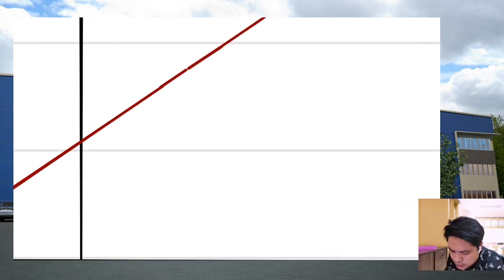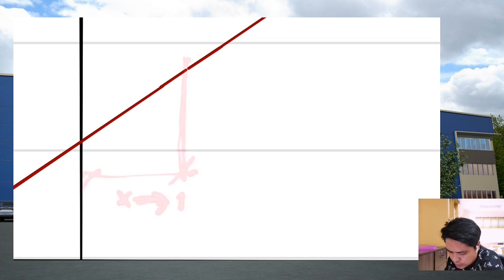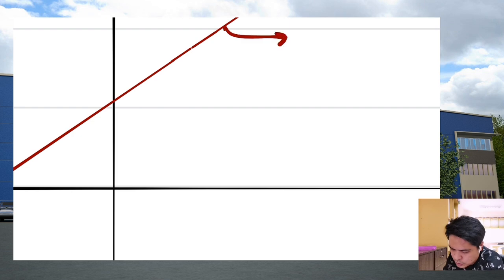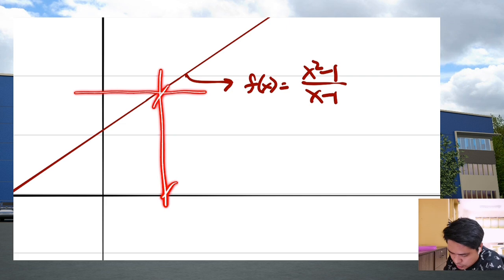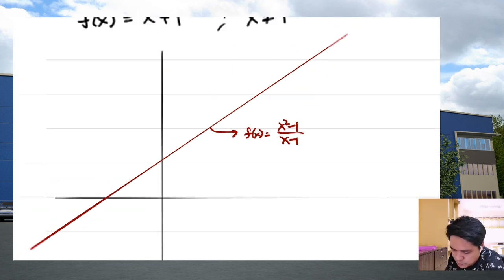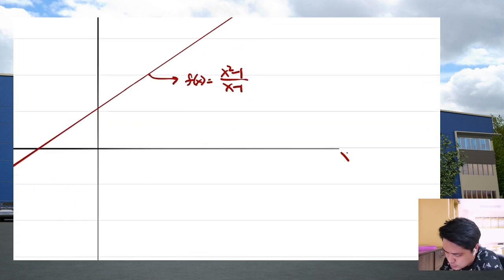Therefore, we say that at this gap, x approaches 1. Kasi di siya pwede sa 1, pero it approaches 1. And as x approaches 1, this function f of x, which is equal to x squared minus 1 over x minus 1, this is now our f of x axis and this is our x axis.